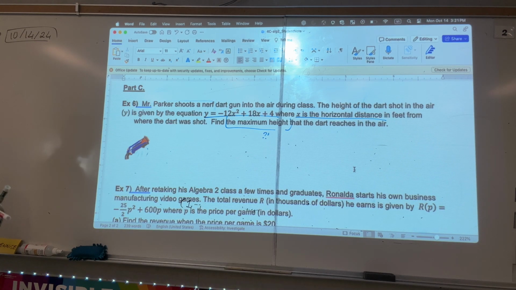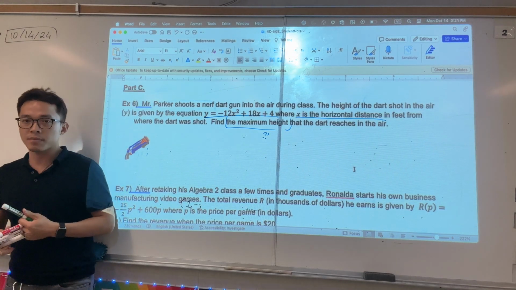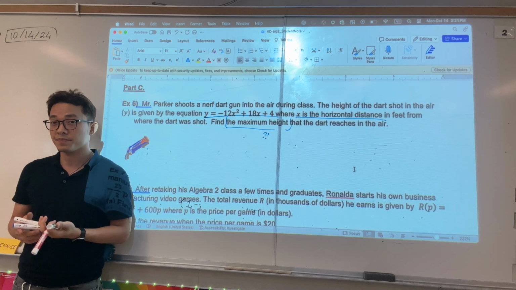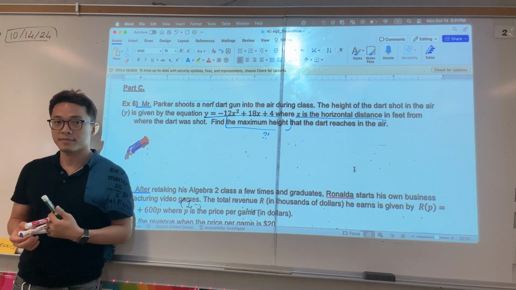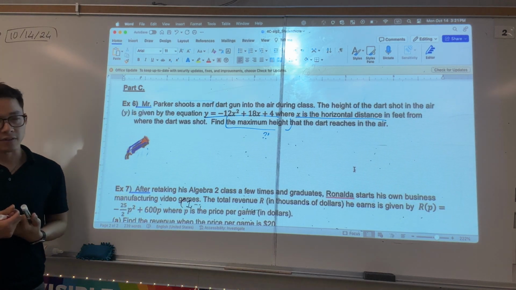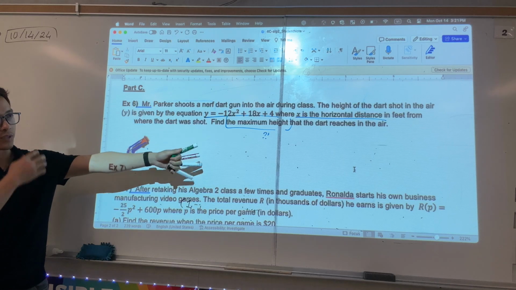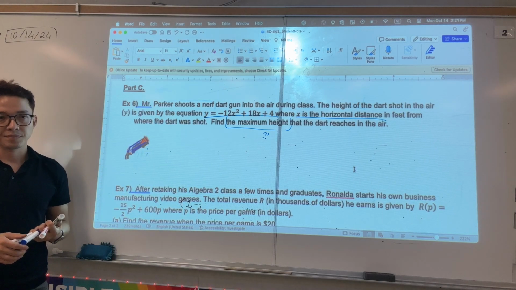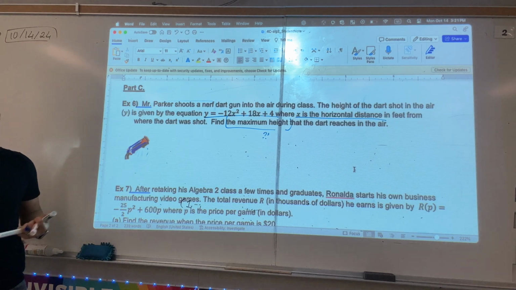Whenever they ask you about maximum and minimum, what are they talking about? X and Y. The vertex. Very good. But your job is to identify is it x vertex or y vertex.